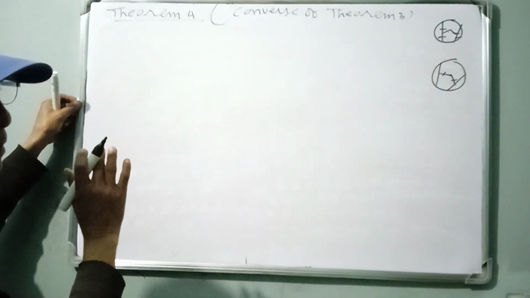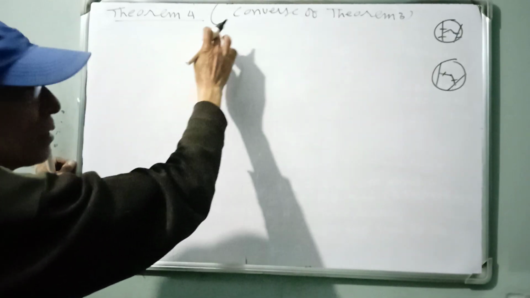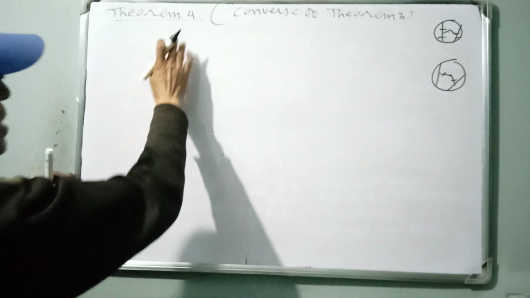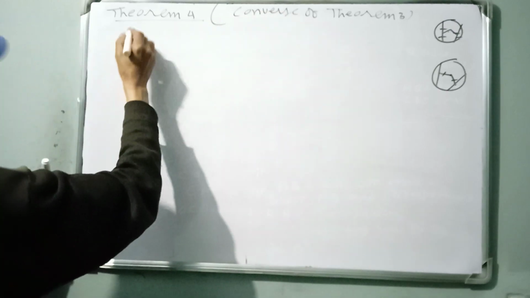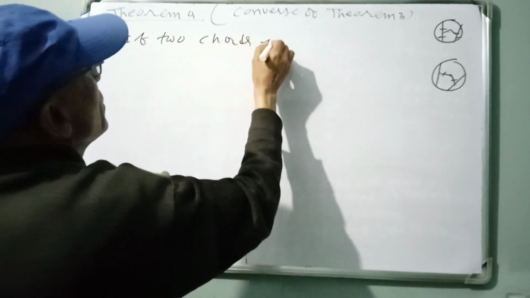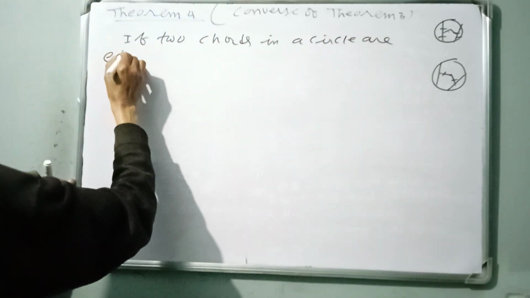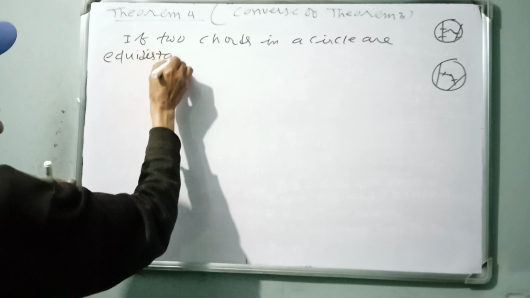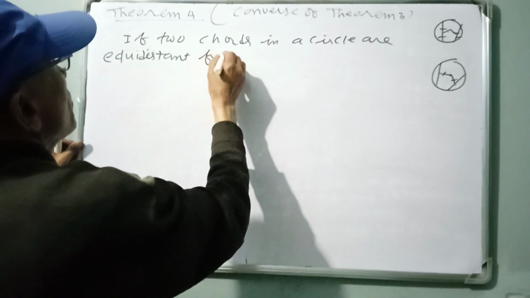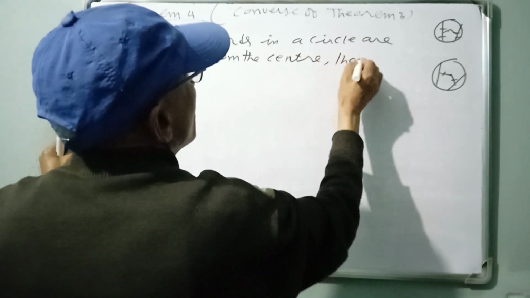So what is the statement? Can you write the converse statement of 3? Theorem 3: equal chords are equidistant. Now I write theorem 4: if two chords in a circle are equidistant from the center, they are equal.